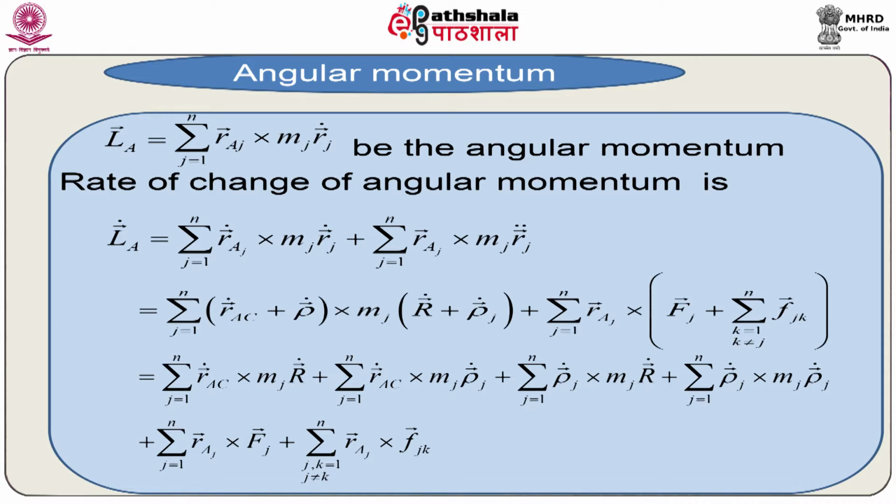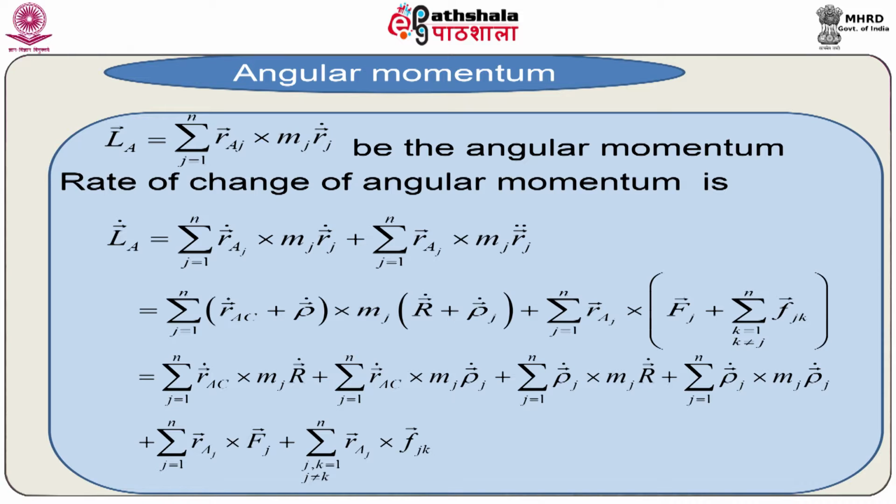Which can be written in this way. This gives 0 vector as the cross product of same vector vanishes. So, we get this result 0. Finally, we get this one.